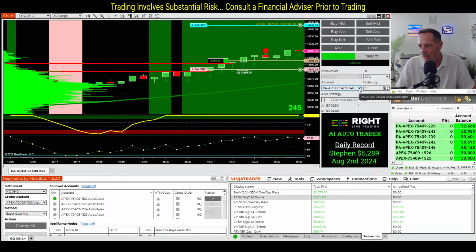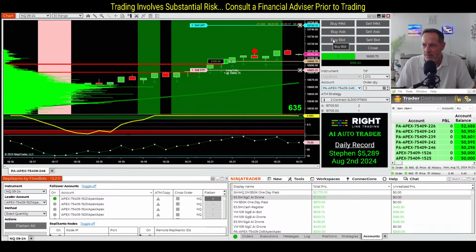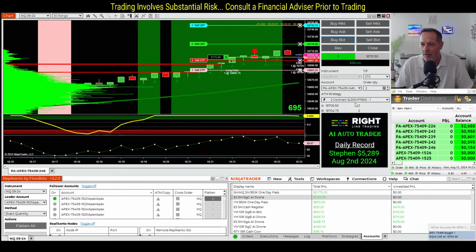So when you see these huge, super powerful moves and you start to see some of these little pullbacks, you can really add to the trade and take another stab at it. It's fully automated, but also semi-automated, so you have some discretion to jump in and out. So we got 700.